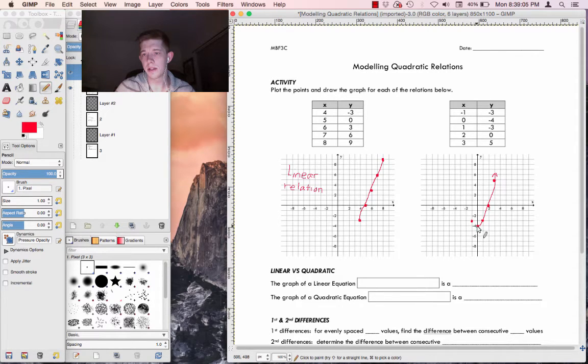On the other side, it takes on this other shape. Now, when I look at that, I notice that this is not necessarily a straight line. This is actually what we call a quadratic, Q-U-A-D-R-A-T-I-C, relation.